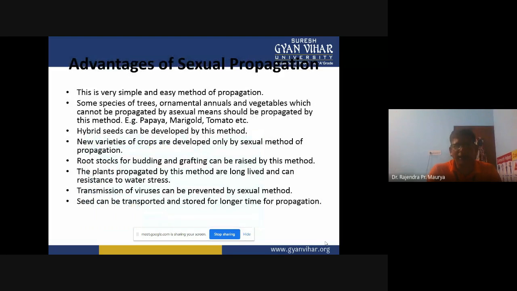Then, advantages of sexual propagation. It is a very simple and easy method of propagation. No doubt seed propagation is an easy and convenient method.